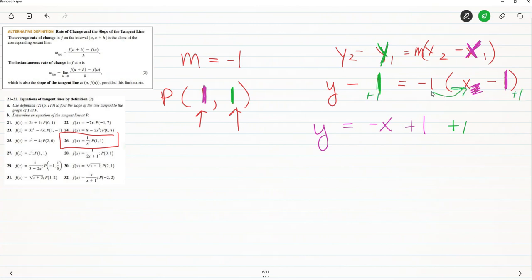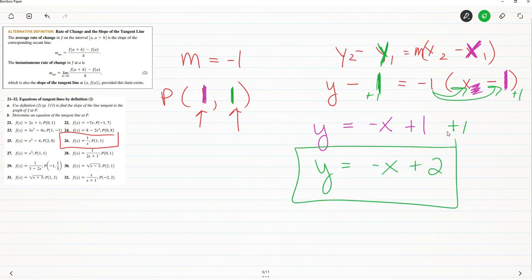I distributed this slope, the -1, add the 1 to both sides, and we'd get y equals -x plus 2. And that's it. The first part A said to use the definition to find the slope. So part A, the slope was m equals -1. And part B asks us to find the equation of the line. So there's part B.